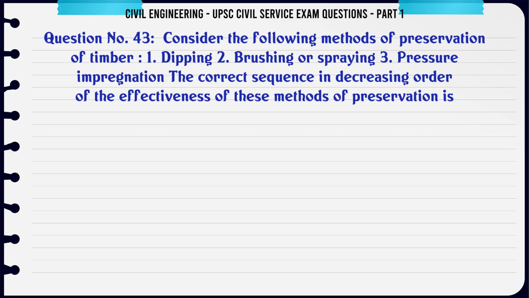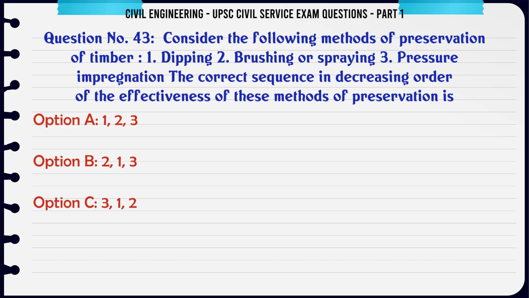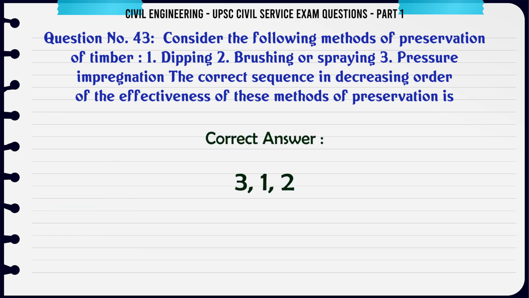Consider the following methods of preservation of timber: 1. Dipping, 2. Brushing or spraying, 3. Pressure impregnation. The correct sequence in decreasing order of the effectiveness of these methods of preservation is: A. 123, B. 213, C. 312, D. 321. The correct answer is 312.